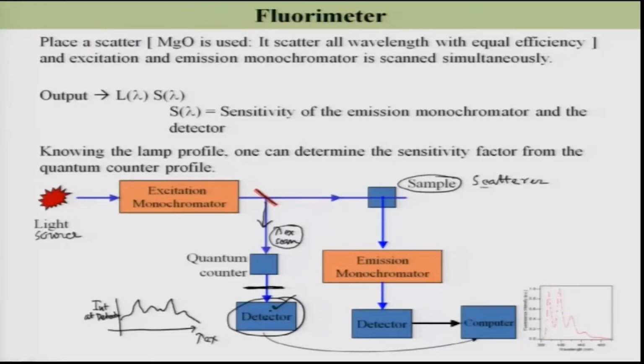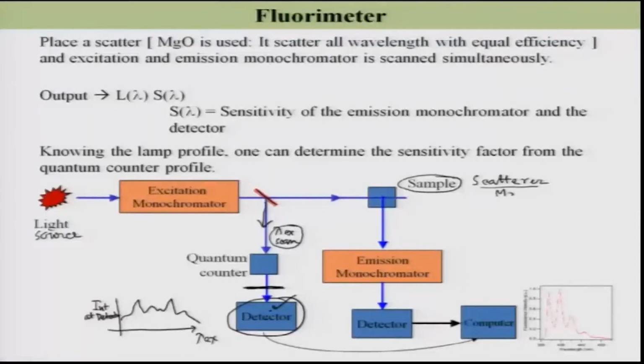I will choose the material in such a way that the scattering efficiency is equal for all wavelengths, and the substance for that is MgO, magnesium oxide. So, I take this scatterer inside my sample chamber. It is just a Rayleigh scattering.